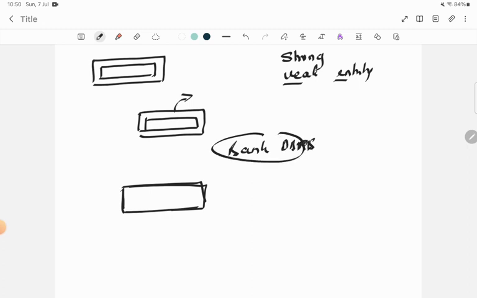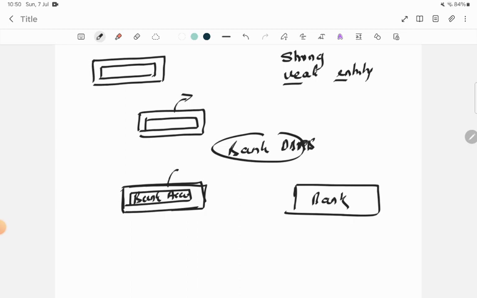Let's not make it so confusing. If this is a bank entity and this is a bank account, then this is the weak entity and this is the strong entity.